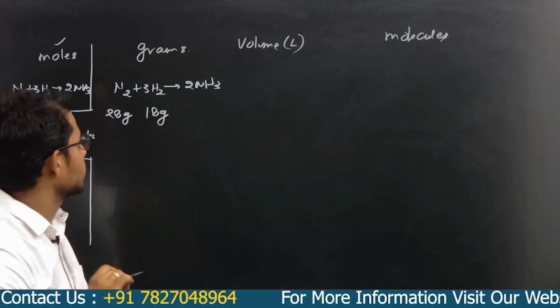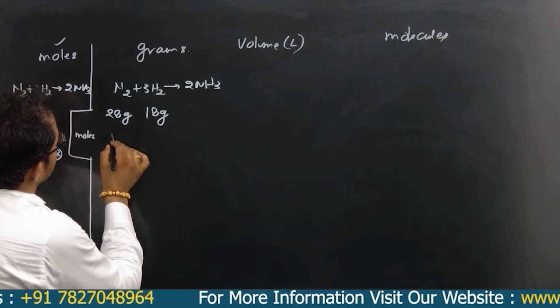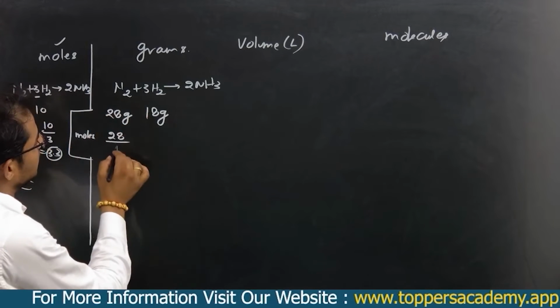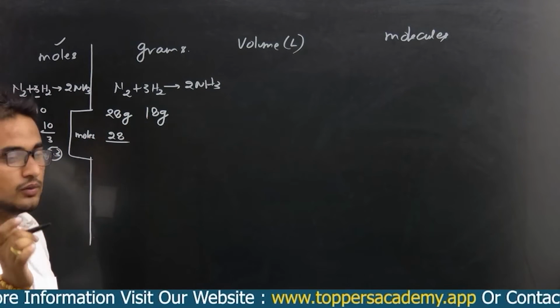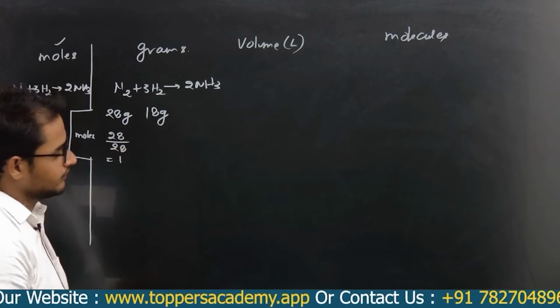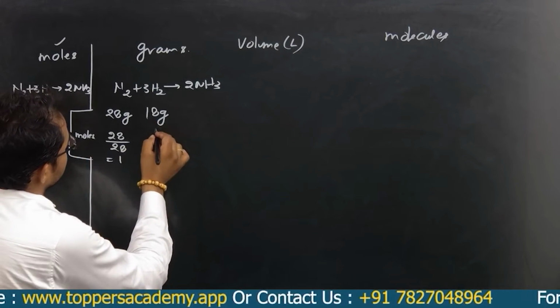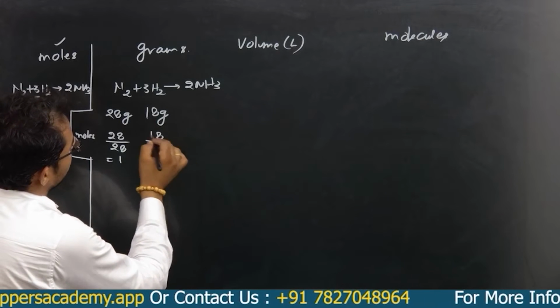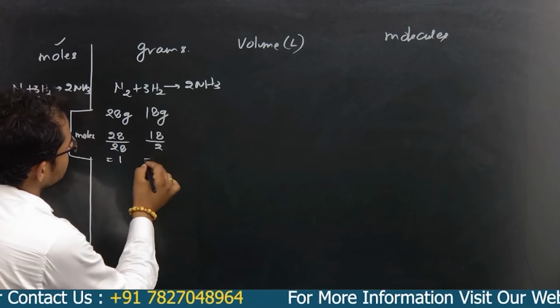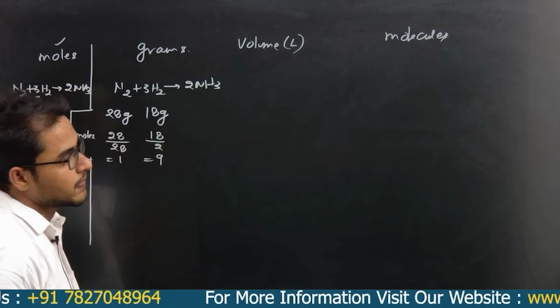Moles is amount in grams upon molecular mass. For N2 the mass is 14 into 2, that is 28, so there is 1 mole. For H2, amount in grams upon the molecular mass of H2, which is 2, there are 9 moles.